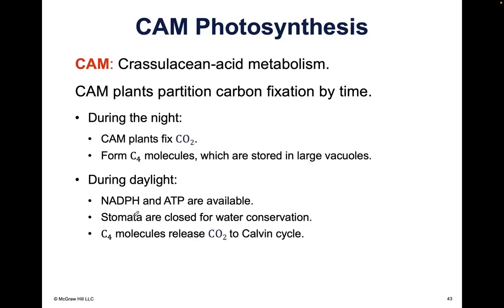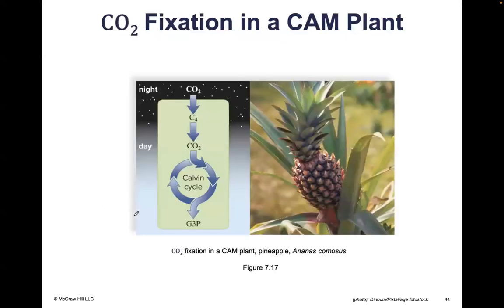It adds one C to become C4, which is stored in the large vacuoles. But during the day, it's got energy sources. The stomata will close, so it's not going to take any CO2 from anywhere. No CO2 comes in. So the C4 molecule, which is already produced, will release CO2 to the carbon cycle.